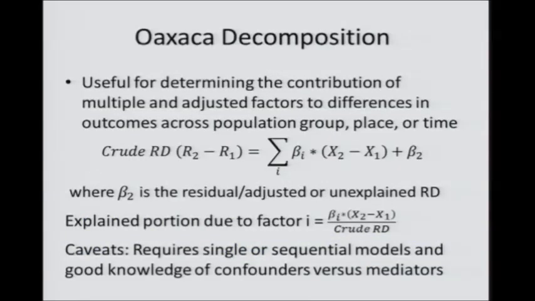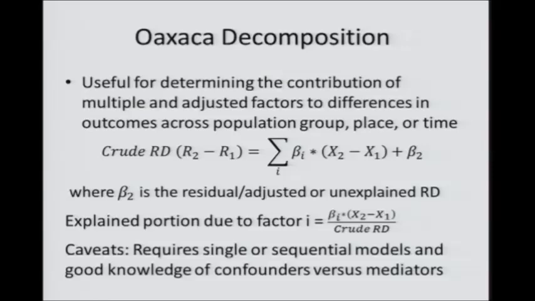So Oaxaca decomposition is really just the multivariable extension of Kitagawa, and it's useful for determining the contribution of multiple adjusted factors to those differences in rates over place, space, population group, whatnot. The crude difference in rates between two populations can be explained by differences in the x's, the proportions, so that's the distribution component, multiplied by the common beta coefficient for that variable.